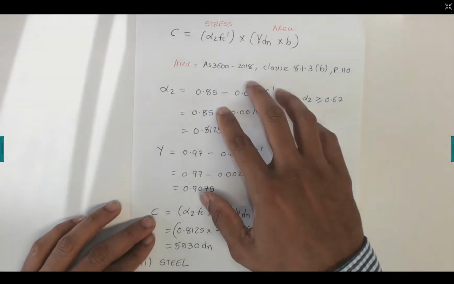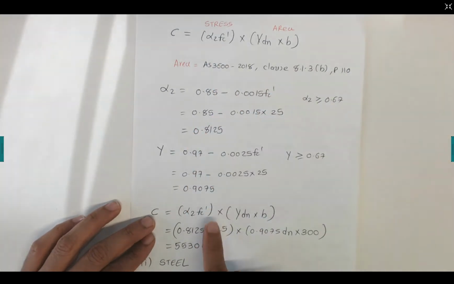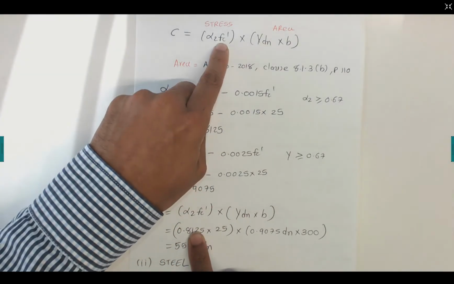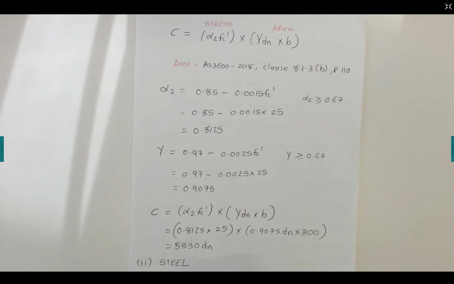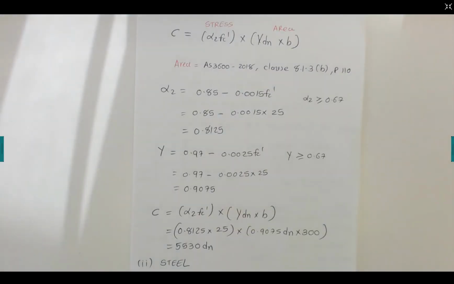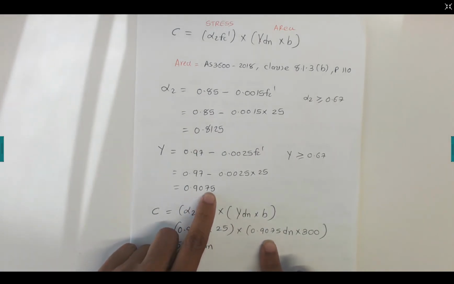Now once you have this alpha 2 and gamma value, we can substitute. Alpha 2 is 0.8125, which we just calculated, fc dash is 25 megapascals, coming from the question, times gamma 0.9075, which we just calculated, times dn.